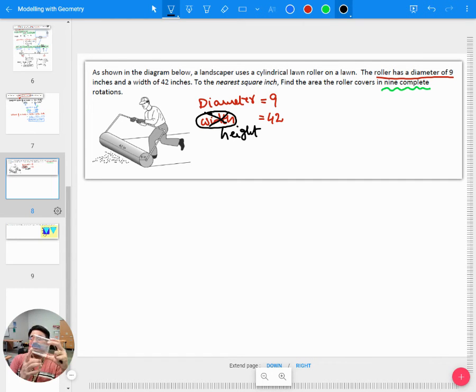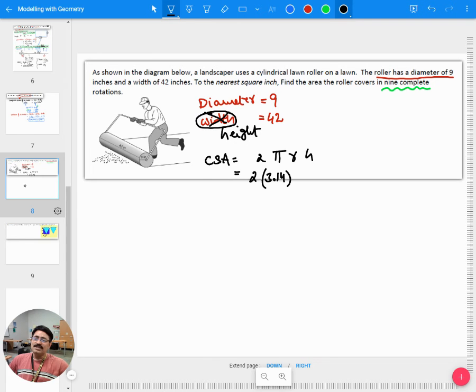Again, when the roller is moving on the lawn, this part comes in contact with the ground, which is the curved surface area of a cylinder. The rule for curved surface area of a cylinder is 2 pi r h. Let me plug in these values: 2 times pi, which is 3.14. What is the radius?